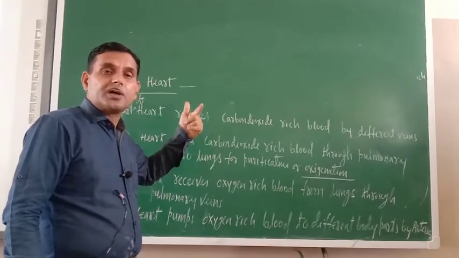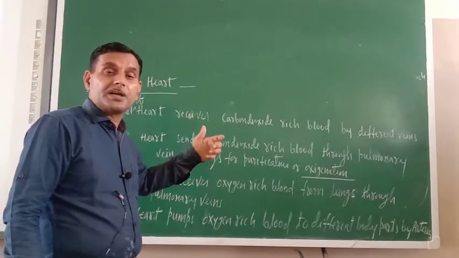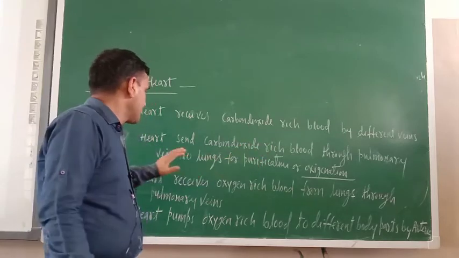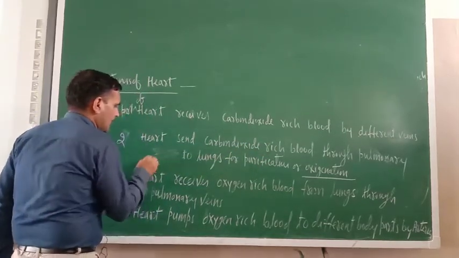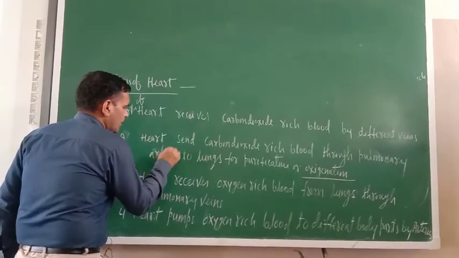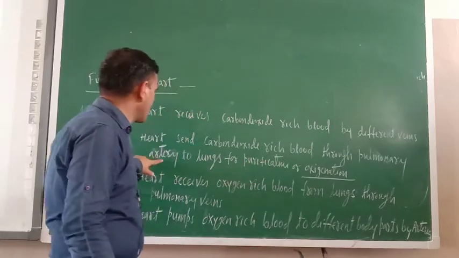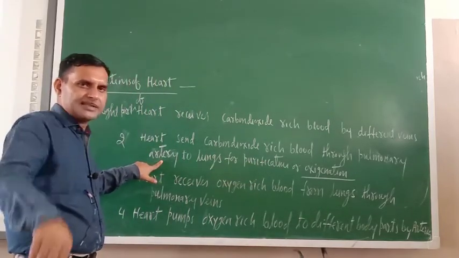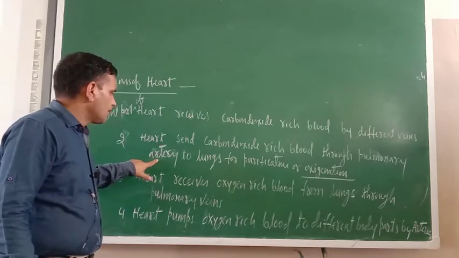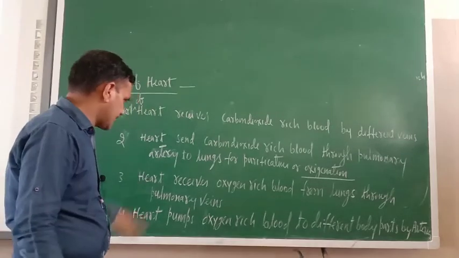Immediately it will be sent to the lungs for purification through the pulmonary artery. You know the pulmonary artery is the only artery which carries the impure blood or carbon dioxide rich blood. So the pulmonary artery to the lungs for purification or oxygenation.